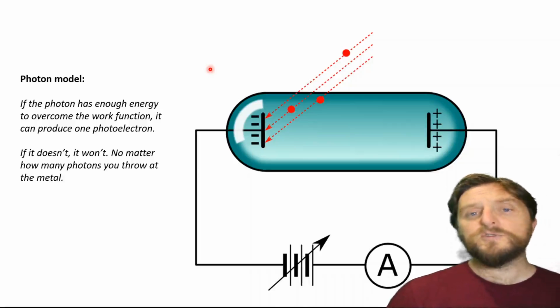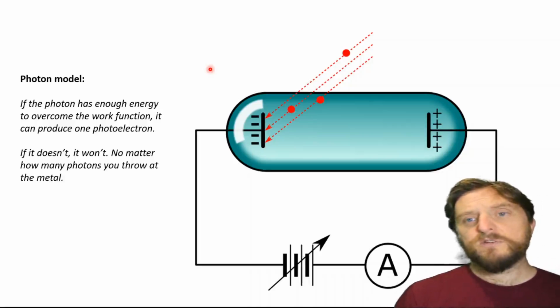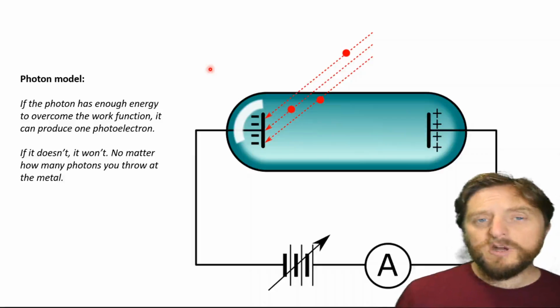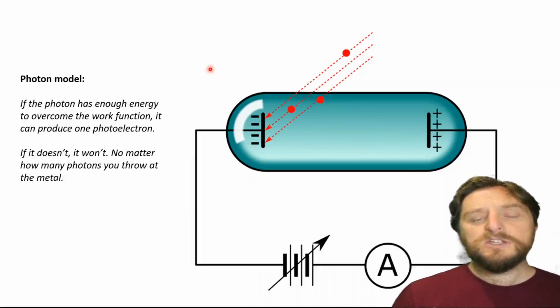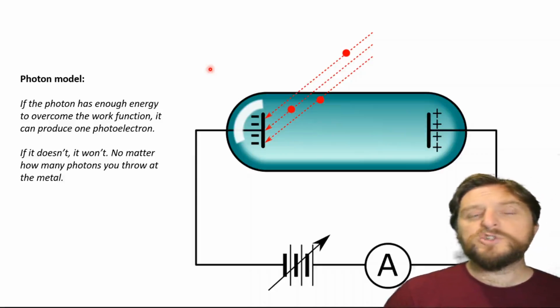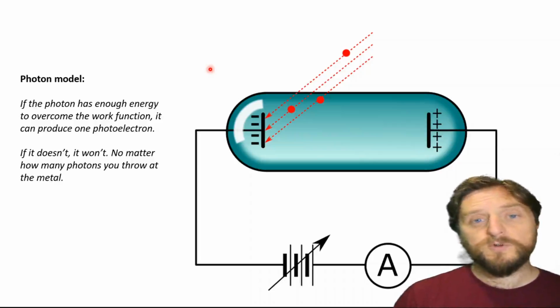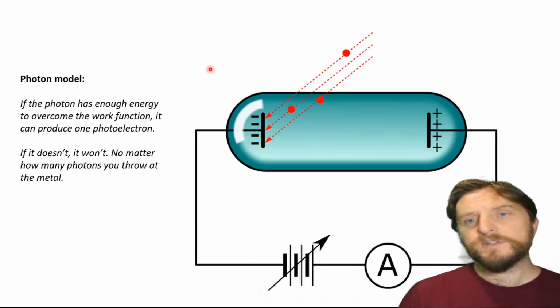those photons do not, in this case, have sufficient energy to overcome the work function, and so you get no emission whatsoever. And it doesn't matter how bright you make the light source, each individual photon interaction is not sufficient to produce an electron, and so you do not get photoemission from the surface.